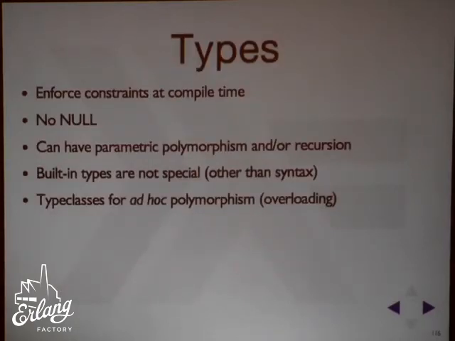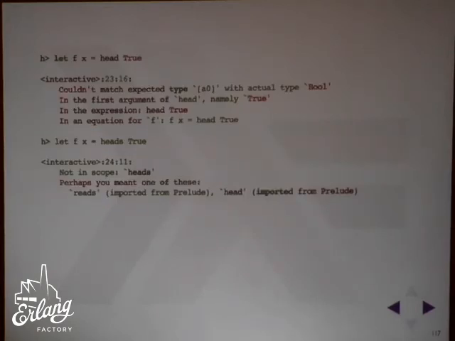And so the types allow you to enforce constraints at compile time. Here, I'm trying to get the head of True, which isn't a list. So it's going to tell me, OK, I'm expecting a list, but you gave me a Boolean. And then I type something else. If I type heads of True, well, that's not even a function that's implemented anywhere.